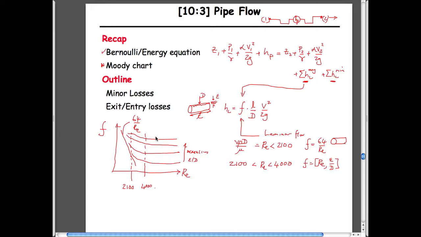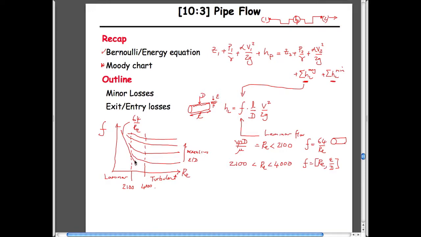And so this is turbulent. This is laminar. And this is this mixed regime in between. And so the key features, I think, to get from this chart are that if it's laminar flow, and it's a circular section pipe, and these are for circular section pipes, by the way, then we have just this one relationship.